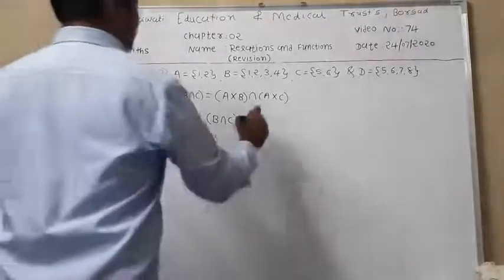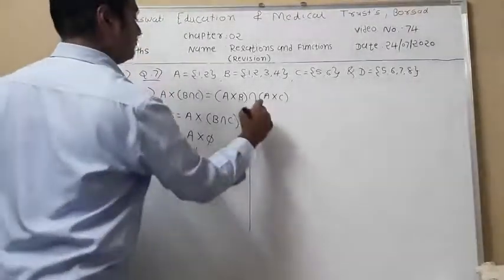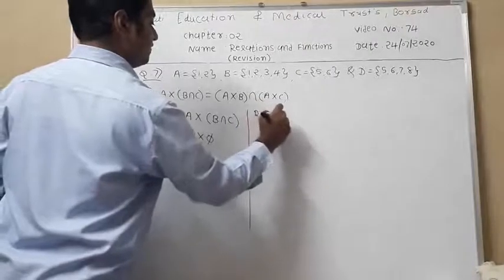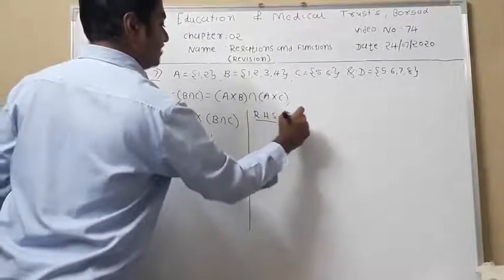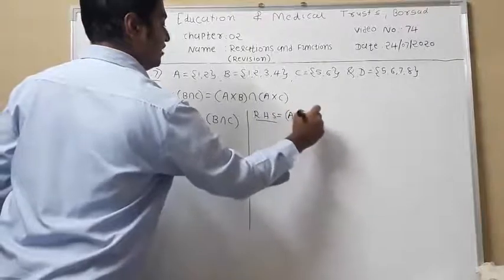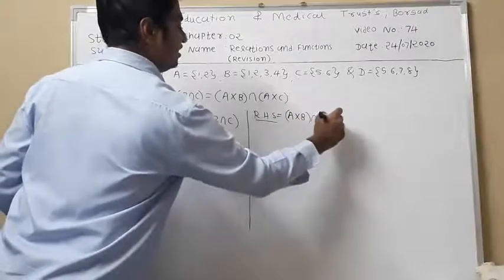Now in the RHS we have (A × B) ∩ (A × C).